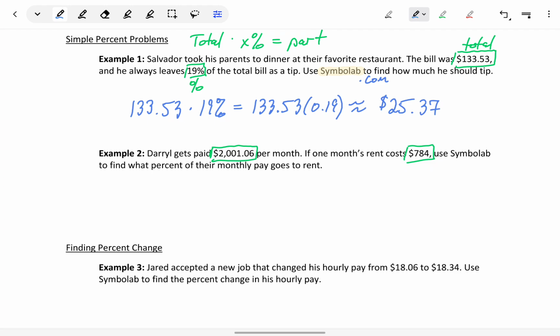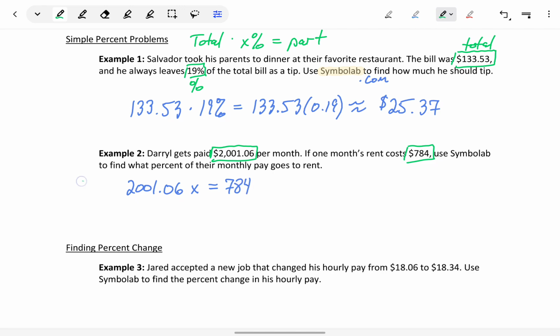So we'll set this up as 2001.06 times x, which is our unknown, is equal to 784.